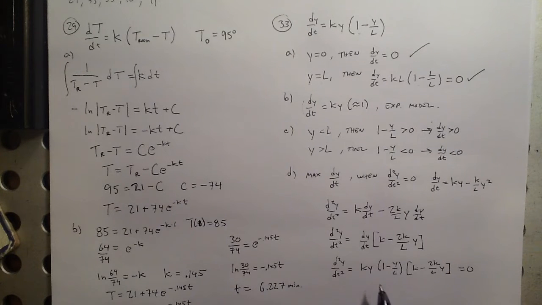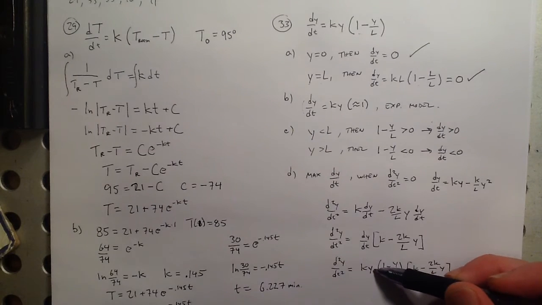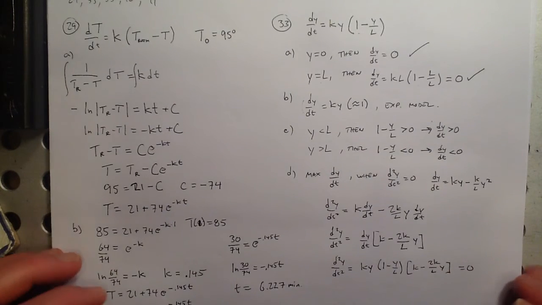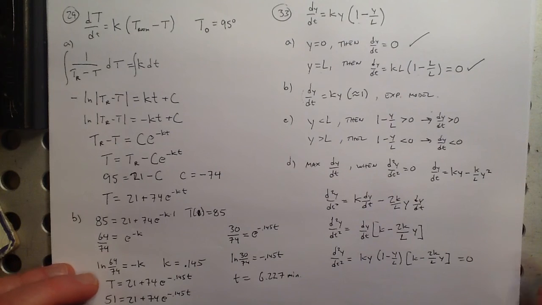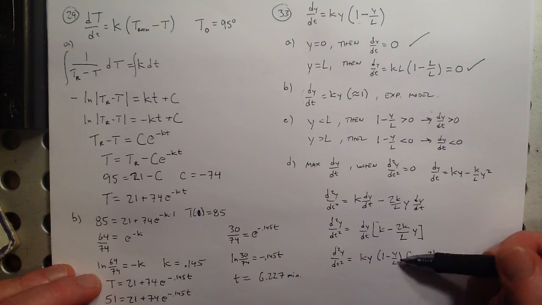I've got this factor, and what we know is the rate of growth happens somewhere in between 0 and L, right, as it grows. So this right here is not going to be equal to 0. If you start y out at equal to 0, then you just get a horizontal line at 0. This is also not going to be equal to 0. The only time this is 0 is if you're either at 0 or at the carrying capacity.